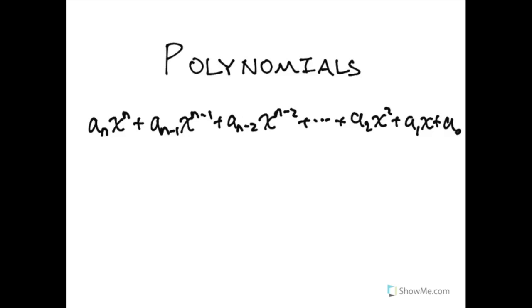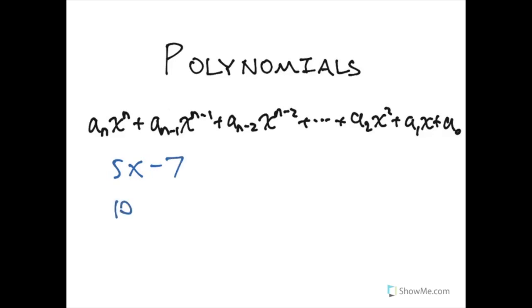You can think of polynomials as expressions involving x's to certain powers, but there are more restrictions than just that. Okay, so as a first example, we can have 5x minus 7. This is a polynomial.